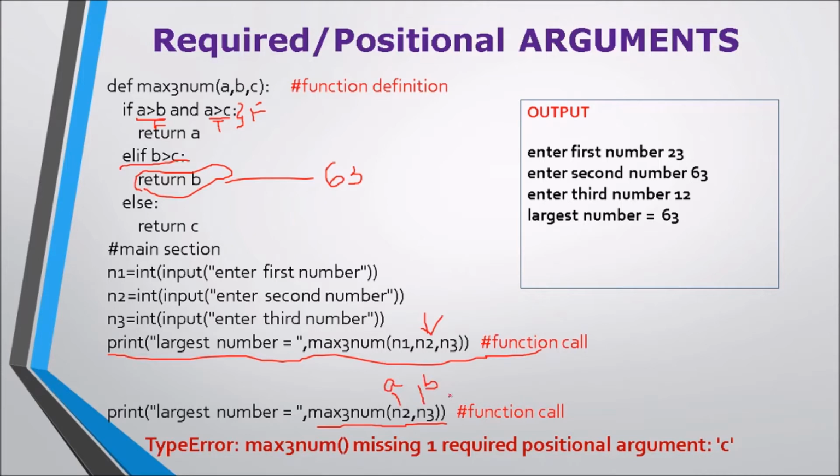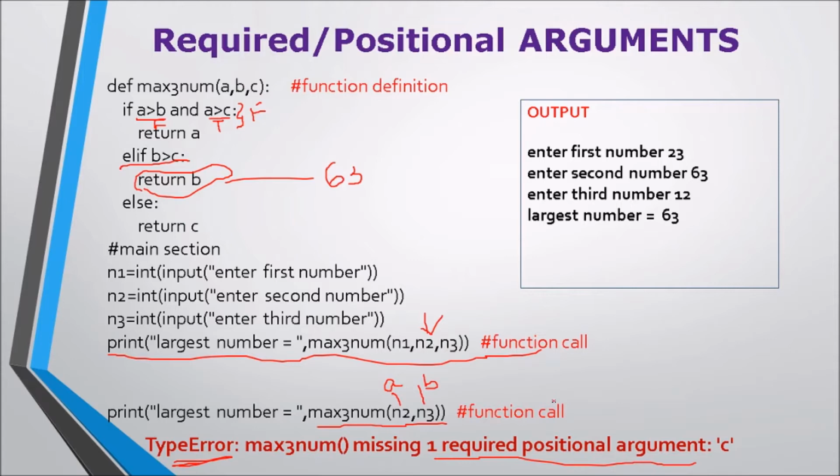There is no value for C. So we get an error called TypeError. This TypeError says that one required positional argument C is missing. So from this we can understand that we have to give as many values to the function as described in the function definition.